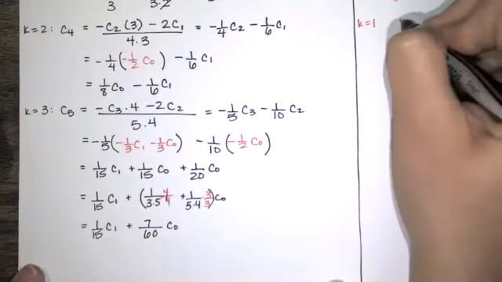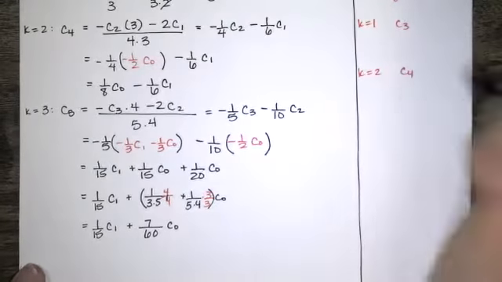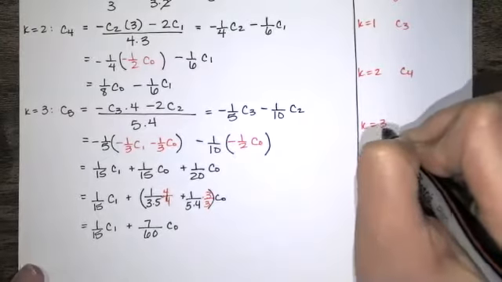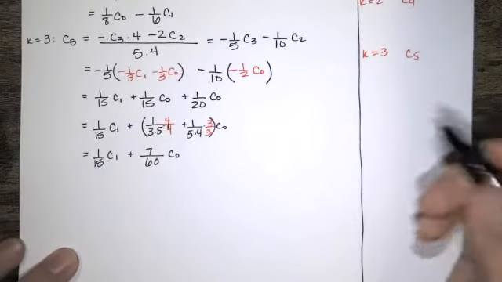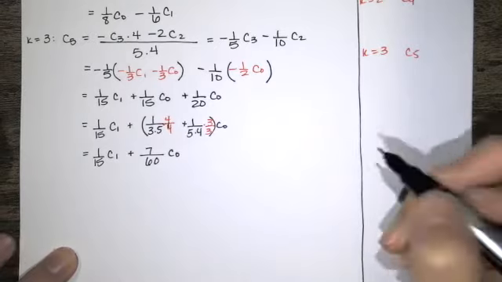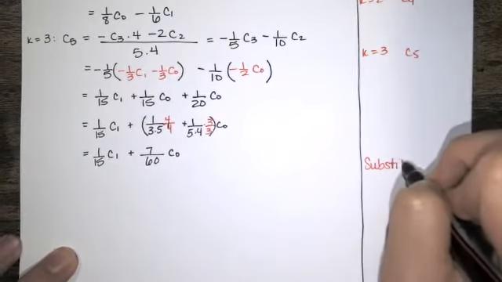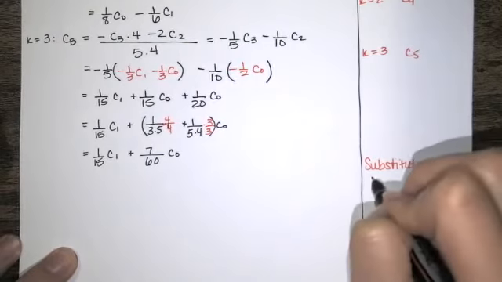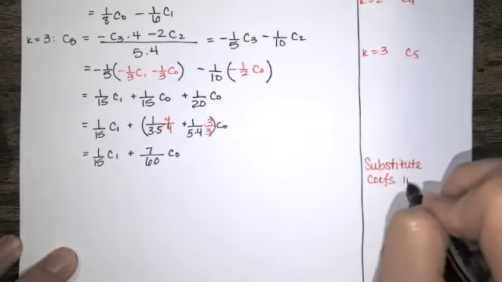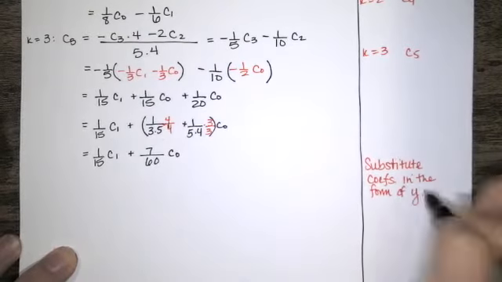So we saw when k equals 1, we get c sub 3. When k equals 2, that allowed us to find c sub 4. When k is equal to 3, we were able to find c sub 5. And now we have enough coefficients that depend on c sub 0 and c sub 1. So we're going to substitute the coefficients that we have into the form of y.